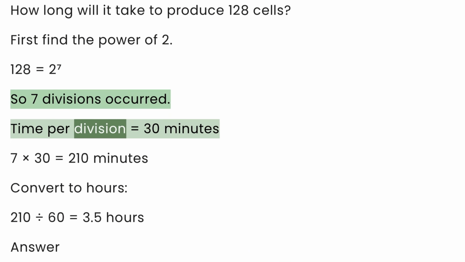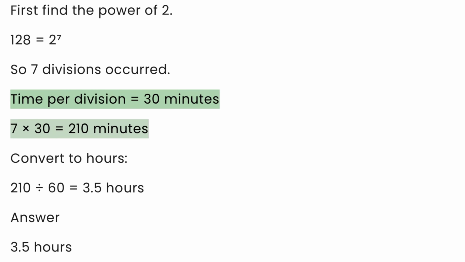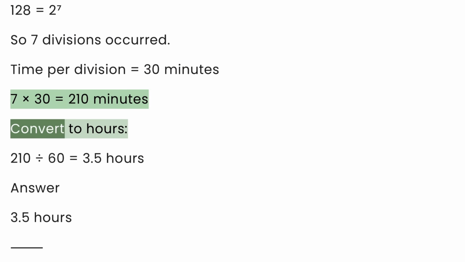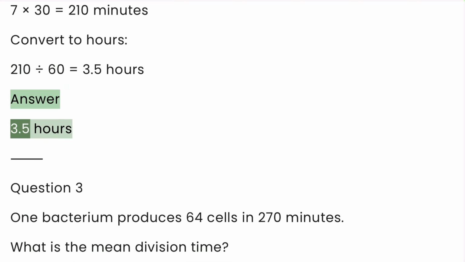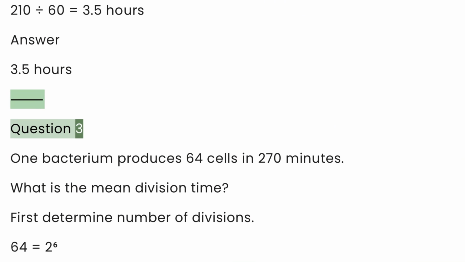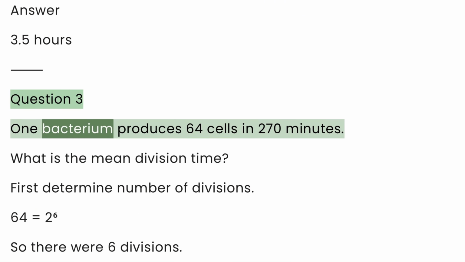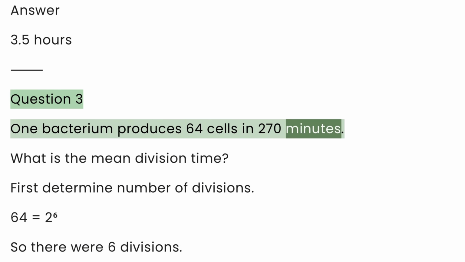Time per division equals 30 minutes. 7 × 30 equals 210 minutes. Convert to hours. 210 divided by 60 equals 3.5 hours. Answer. 3.5 hours.